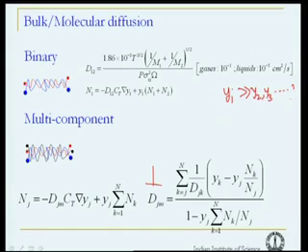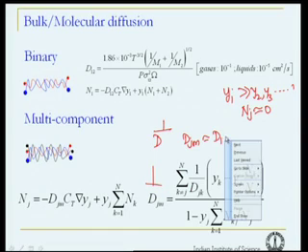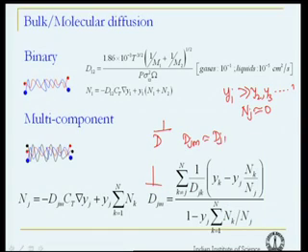Then if we assume that the flux Nj of all other components is more or less similar, and we simplify this equation, we get DJM equivalent to DJ1, that is, the mixture behaves as if it is a single component mixture. Okay.